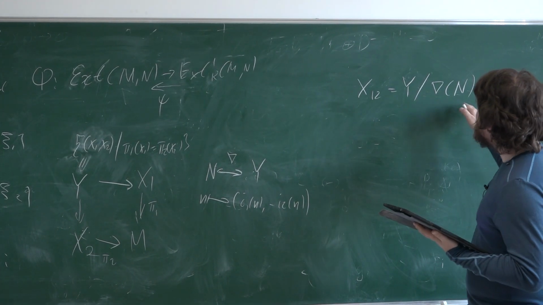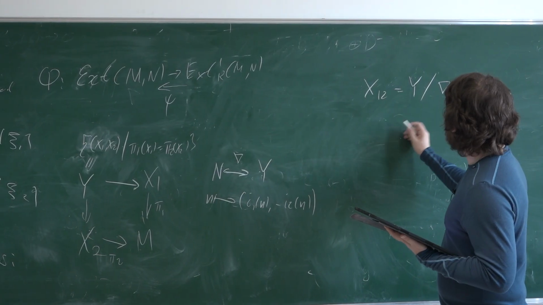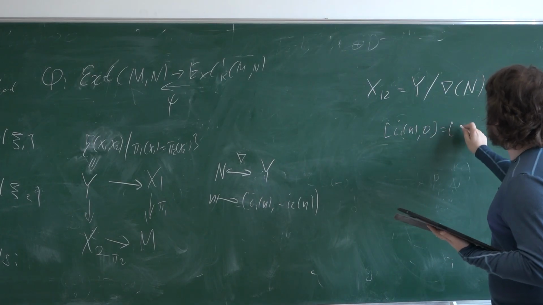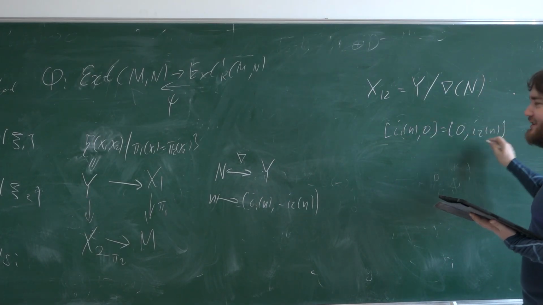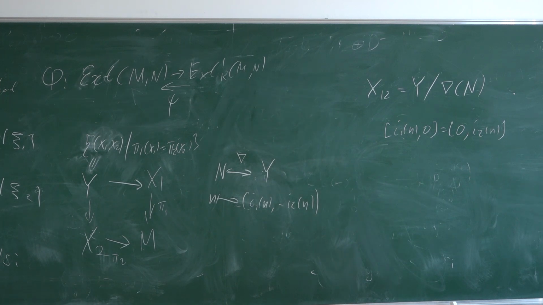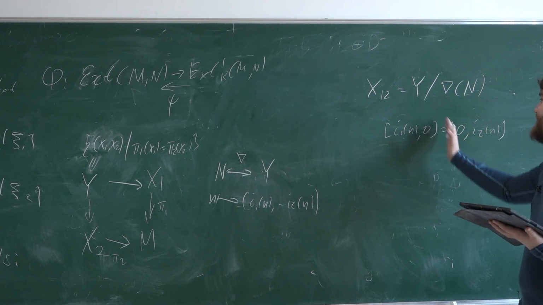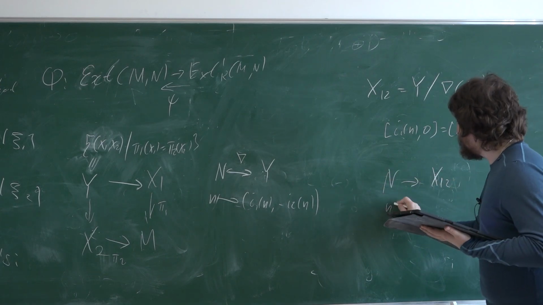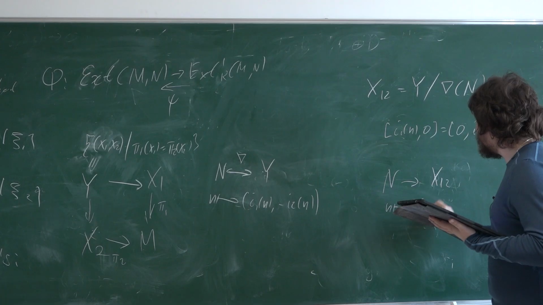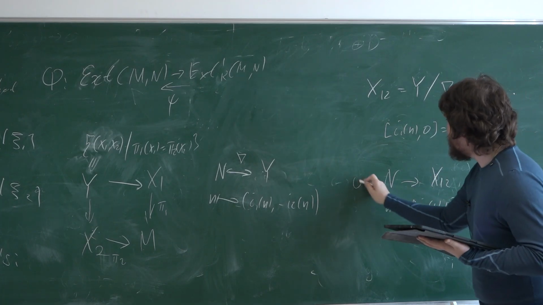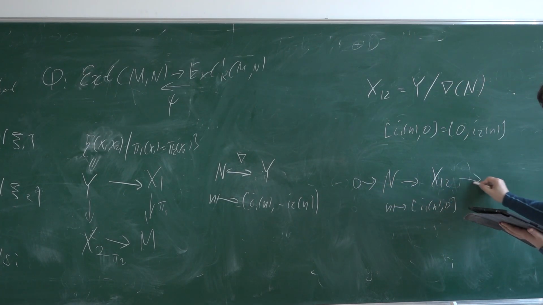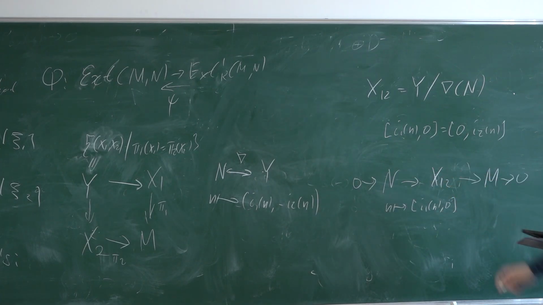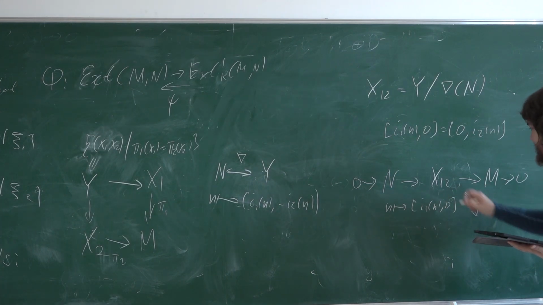In this quotient, the class of (I1 n, 0) equals the class of (0, I2 n), by definition. So we have only one inclusion of N into this quotient, and this is our extension. You can check that the quotient by this injection is M. This corresponds to the sum. It's the Baer sum.